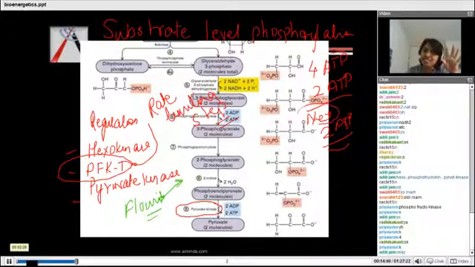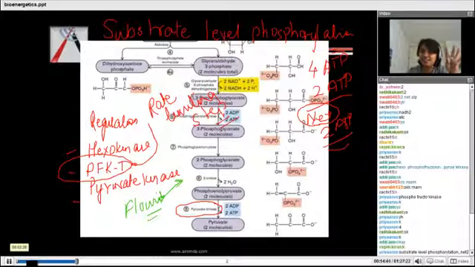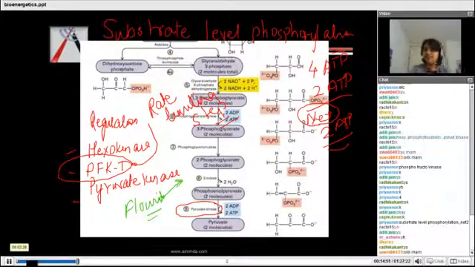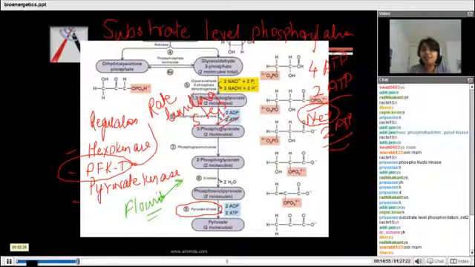So you understand the significance of the word net here? It's a total. So at substrate level phosphorylation in glycolysis, we get net 2 ATPs. But in total we generate 4 ATPs and we use 2 ATPs.